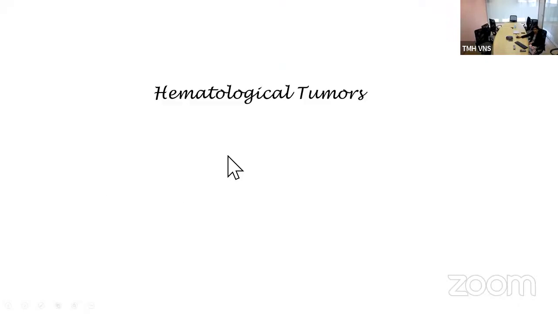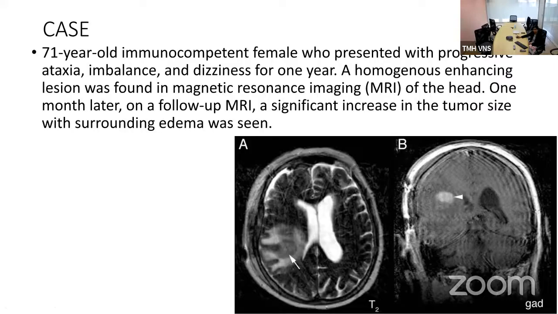Coming to hematological tumors, these are basically lymphomas. They can be primary or secondary. Suppose a 71-year-old immunocompetent female presented with progressive ataxia, imbalance, and dizziness for 1 year. MRI is showing this lesion, whose central part is somewhat hypointense. However, it is showing enhancement with some perinodular hyperintensity.